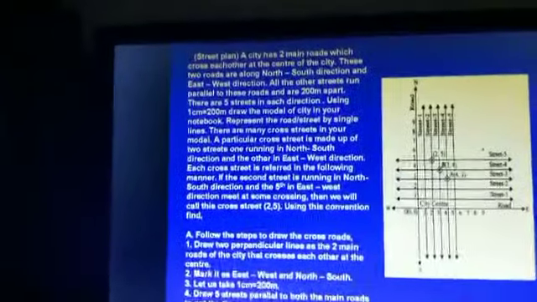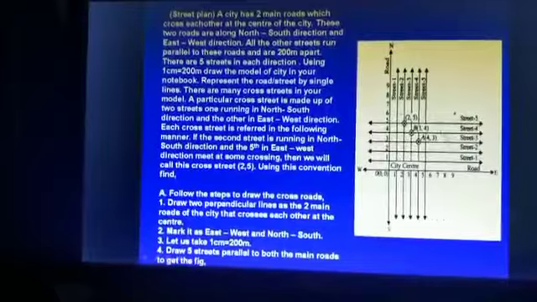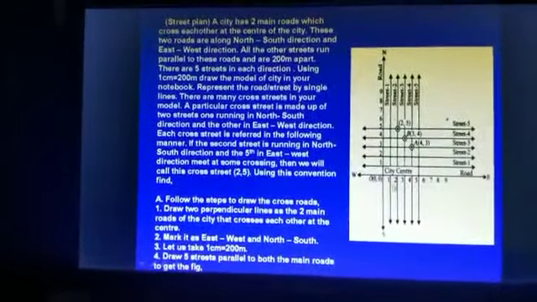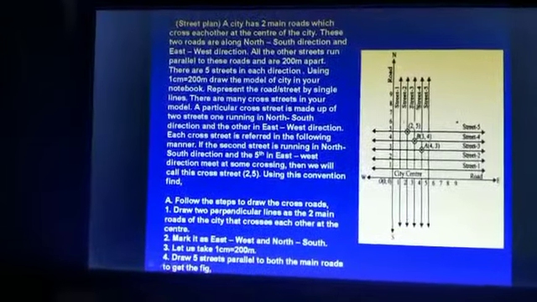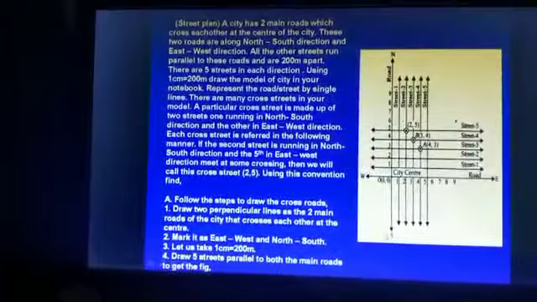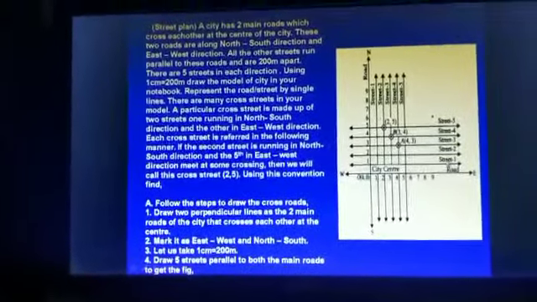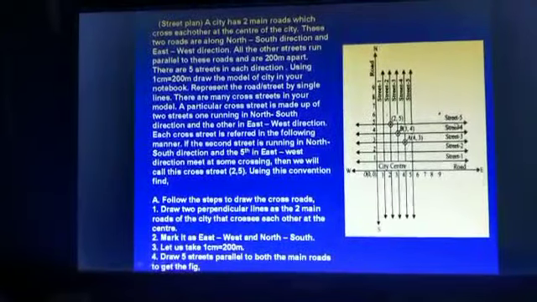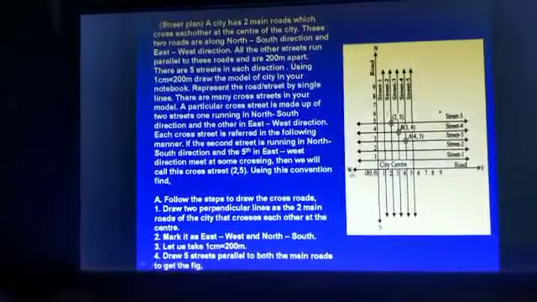After that, we are going to draw 5 lines, that are 5 streets parallel to them. That is street 1, street 2, street 3, street 4, street 5 parallel to the north-south direction street, and street 1, street 2, street 3, street 4, street 5 parallel to the east-west direction lines.